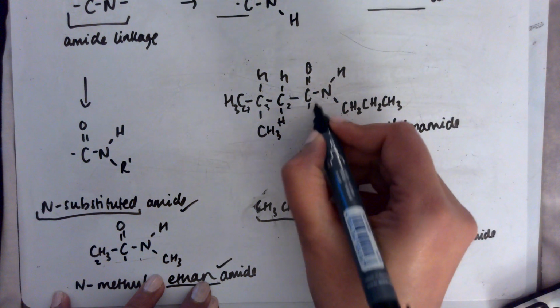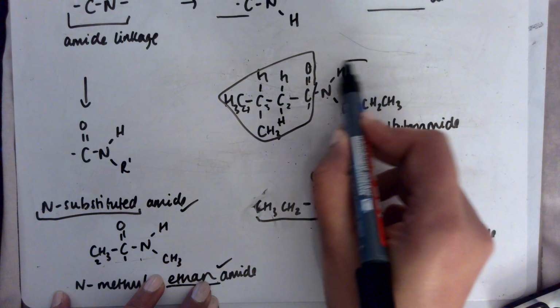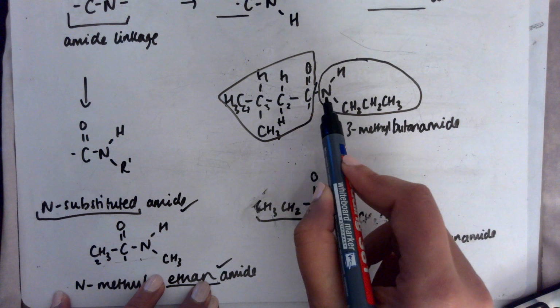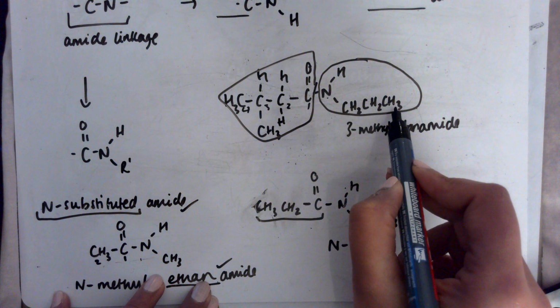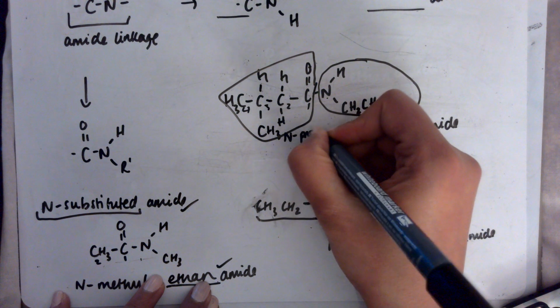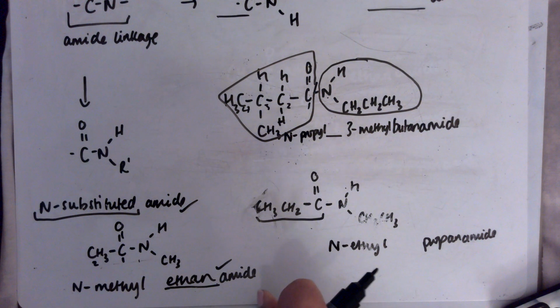That's done all of this section. I still now have to look over here at my N substituted. What's been substituted onto it? A CH2, CH2, CH3. That's a propyl. So I have an N-propyl 3-methylbutanamide. So that's naming amides.